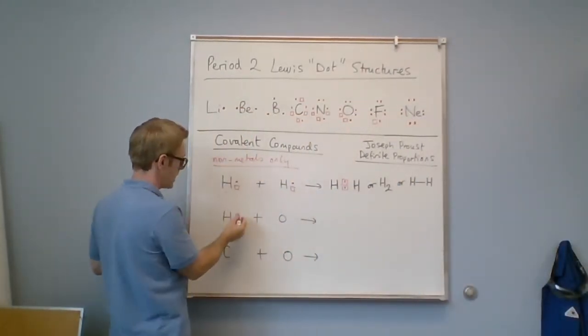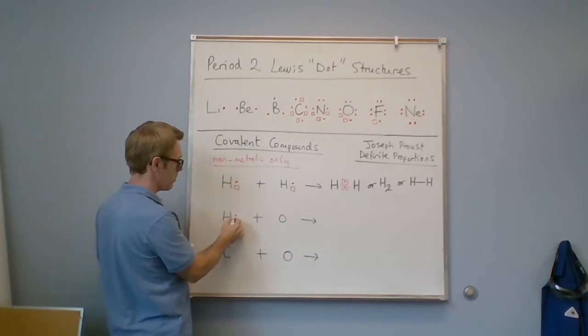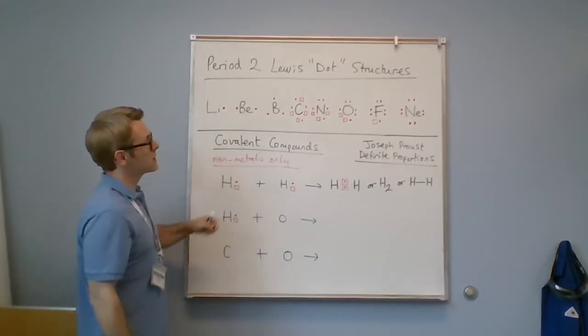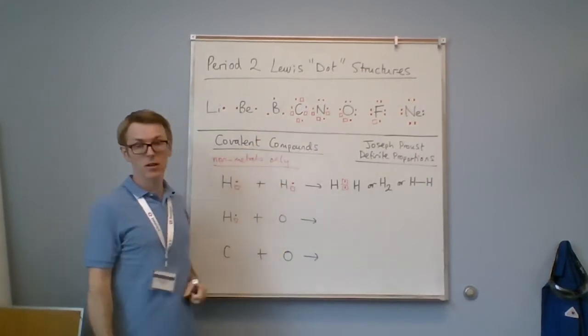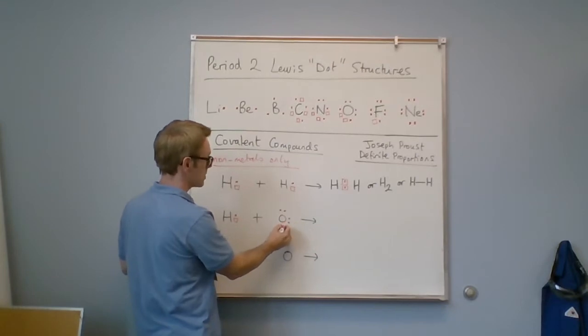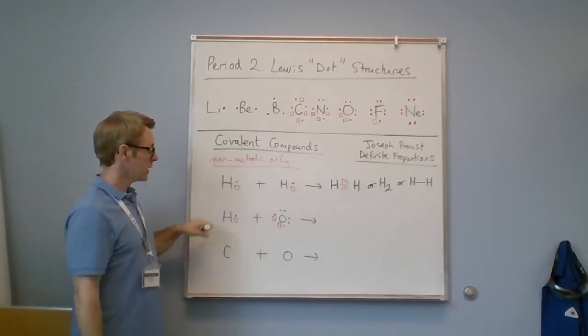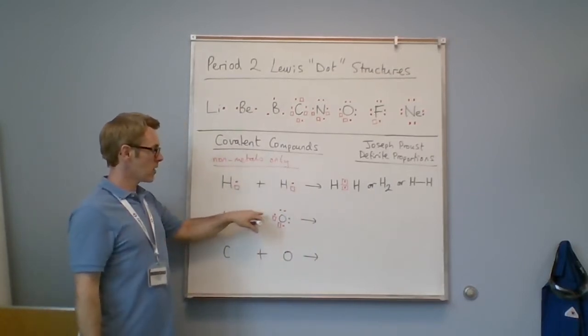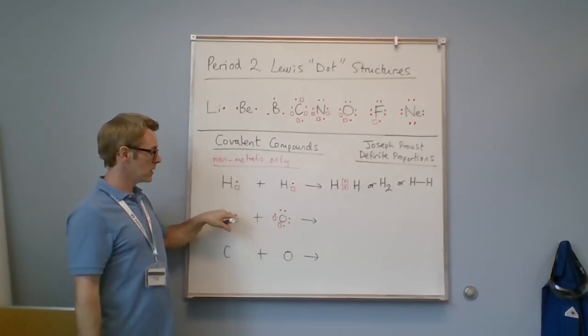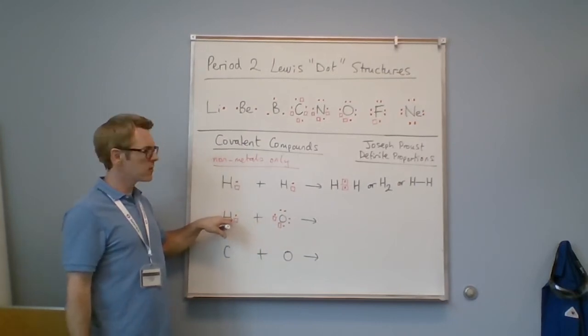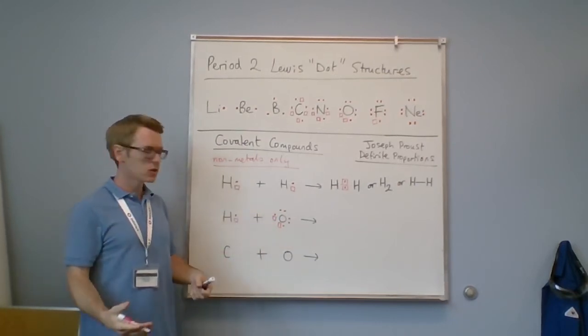Hydrogen, as above, has a dot and a box. Oxygen, as we've seen earlier, has 6 dots and 2 boxes. So let's draw those in: 6 dots and 2 boxes. Now, I've only got one valence electron on hydrogen, but oxygen requires 2.